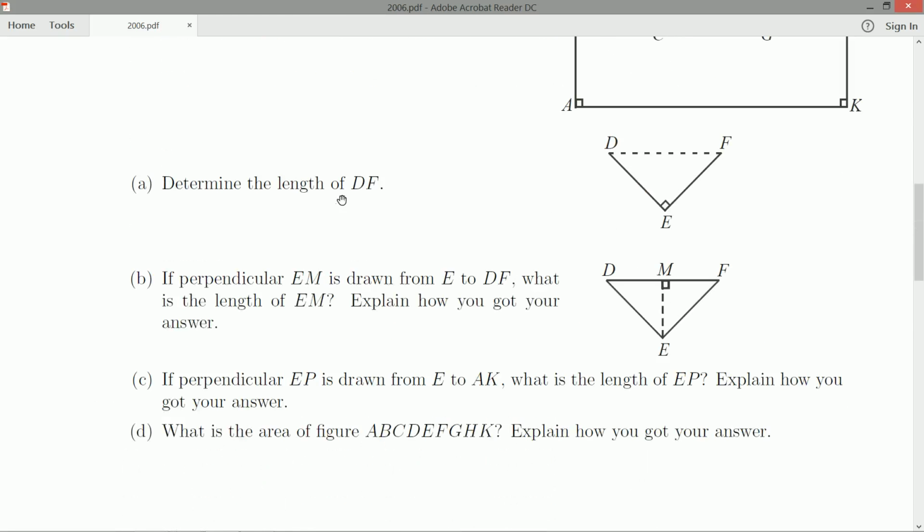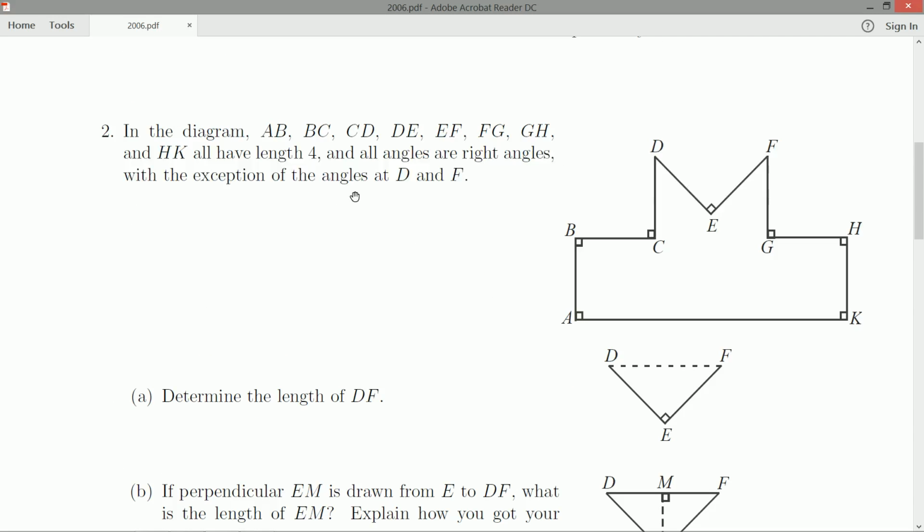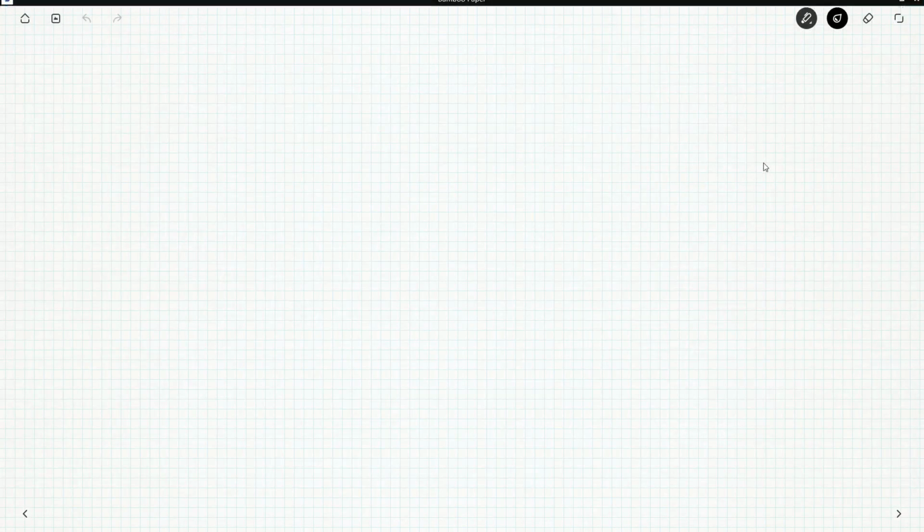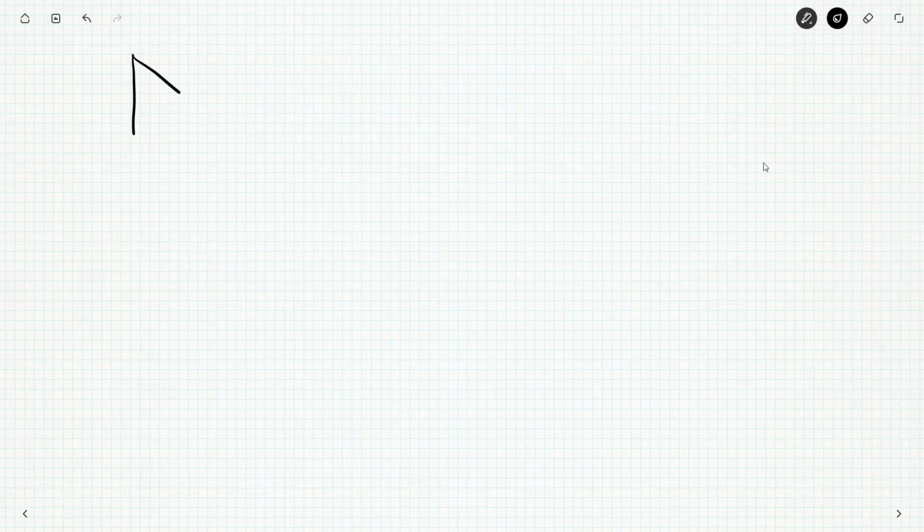So we've got 4 parts here. A, determine the length DF. That doesn't seem so bad. We'll draw our picture, and then we'll talk about DF. We can quite easily see it is the hypotenuse of DEF, because we've got a right angle here.